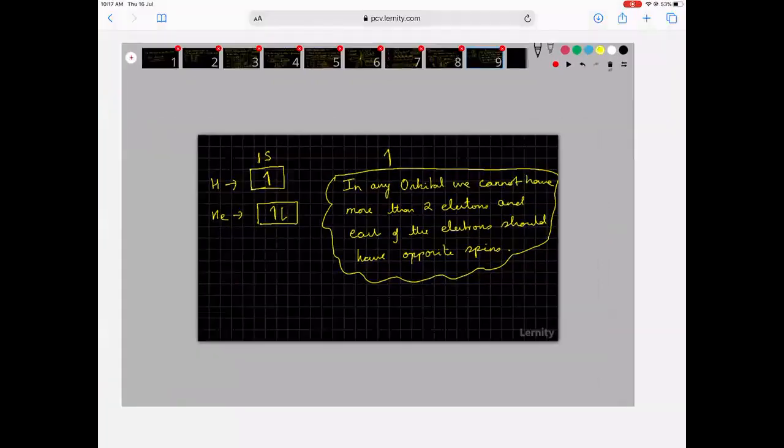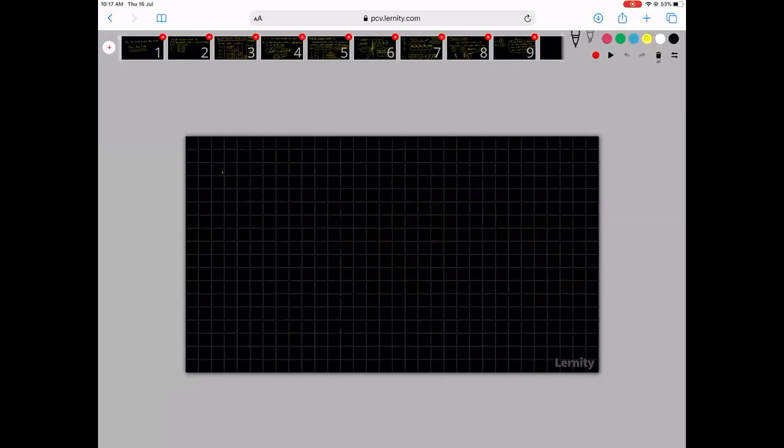Okay, so if this is the case, then in the P subshell, you have 3 compartments. So there can be 6 electrons: 2 here, 2 here, 2 here.